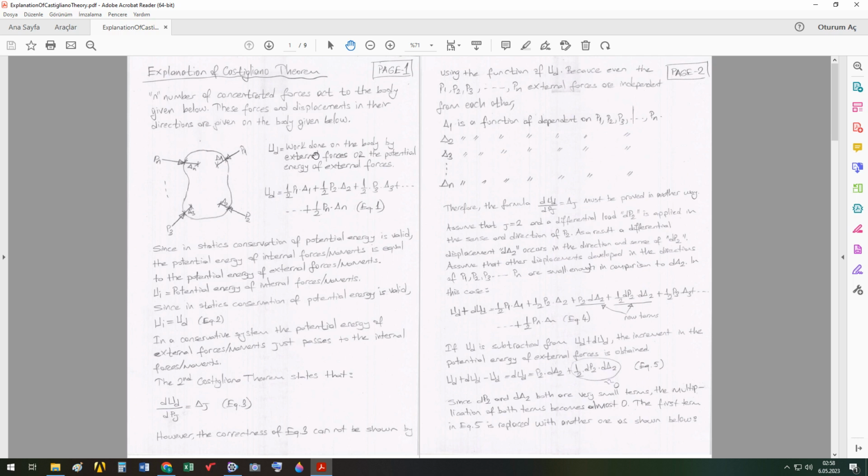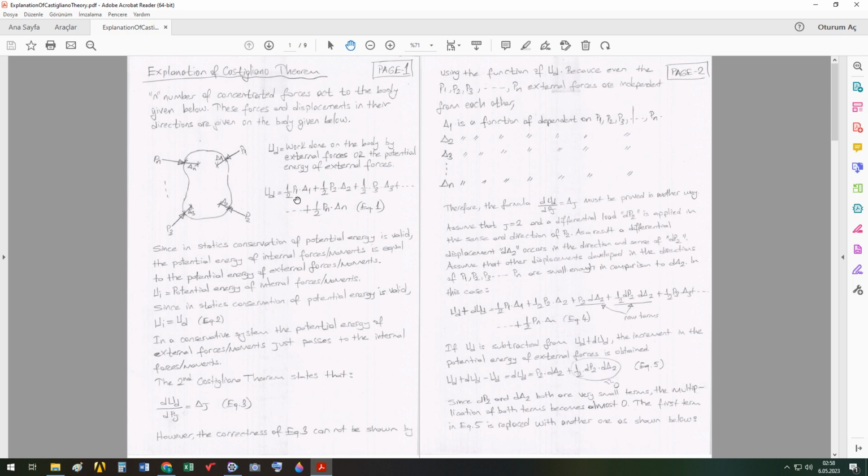Here, UD is the work done on the body by external forces, or the potential energy of external forces. As we all know, strength of materials is interested in statics, so loads are static loads, which are gradually, slowly applied on the body. So a 1/2 factor comes to the energy, which is force times the displacement along the force.